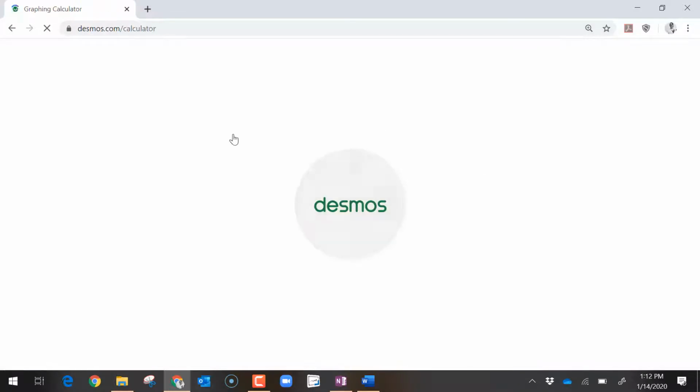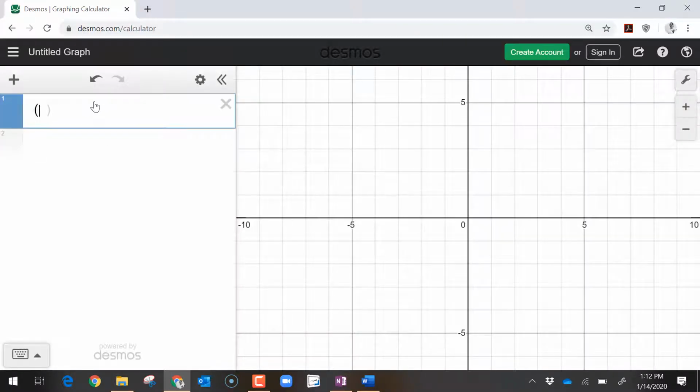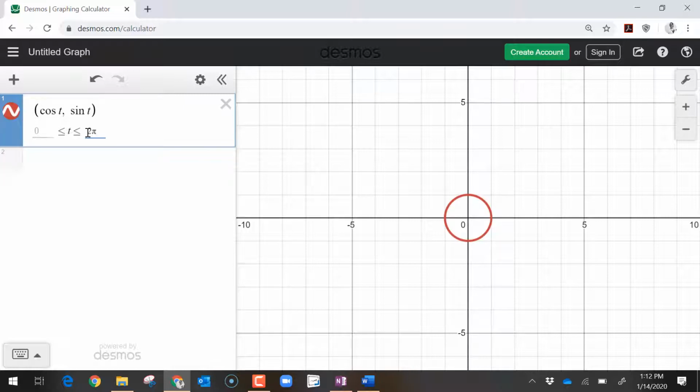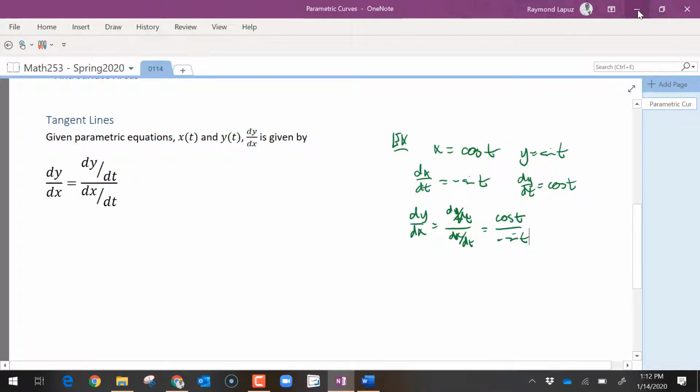Anyways, I'd like to follow these things up with some graphs. Let's pick a random value for t. Let's say we want the line tangent at t equals pi over 4.